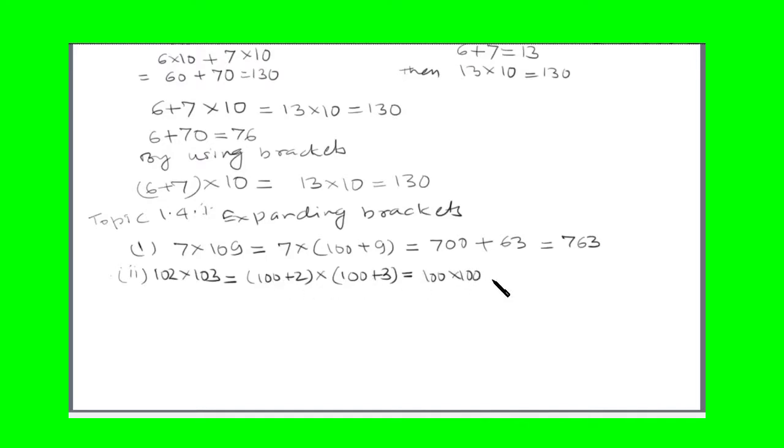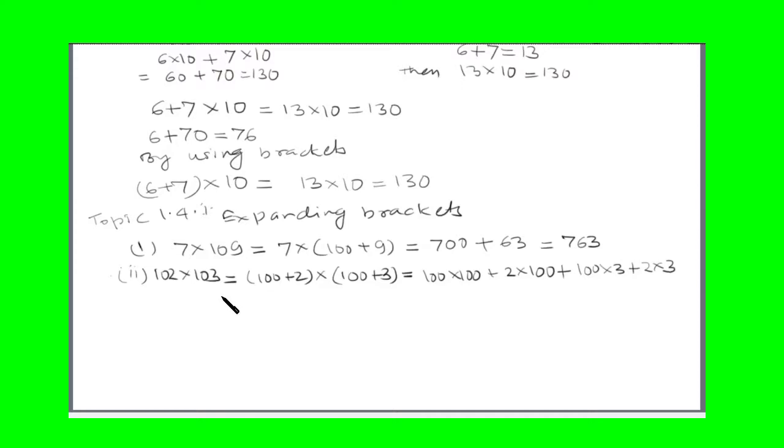Then we do this 100 multiplied by 2, plus 2 multiplied by 100, plus, now this 3 is multiplied by the 100 of the first bracket, 100 multiplied by 3, plus this 3 is multiplied by the 2 of the first bracket, 2 multiplied by 3.